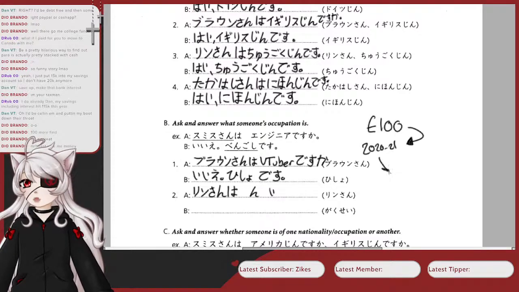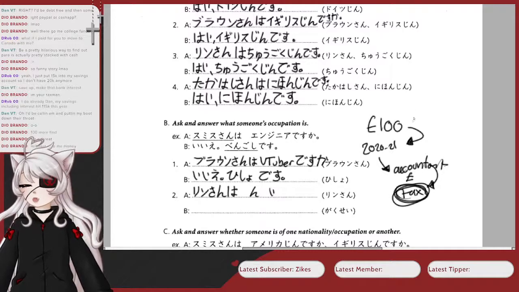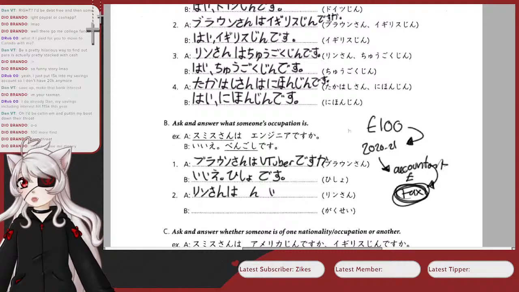So I'll have to pay an accountant to do it for me, and then I still need to pay the money to the tax man. But I shouldn't owe anything because I didn't earn that much in that first year, because I only started streaming in September.